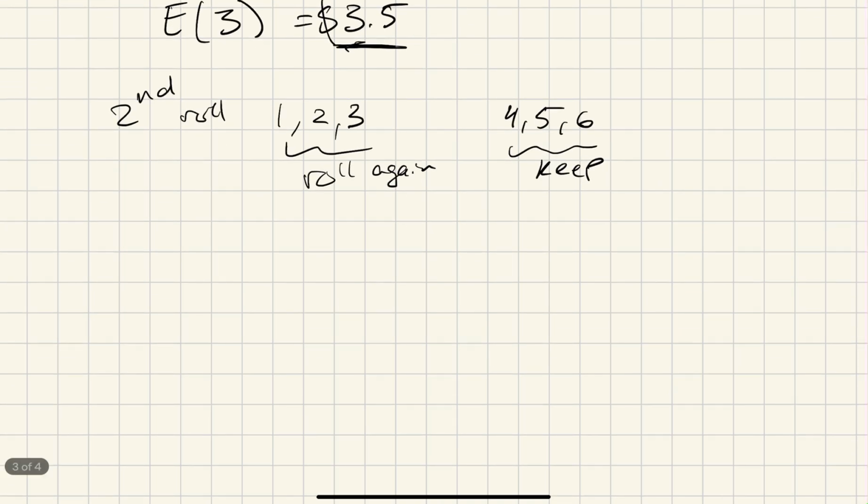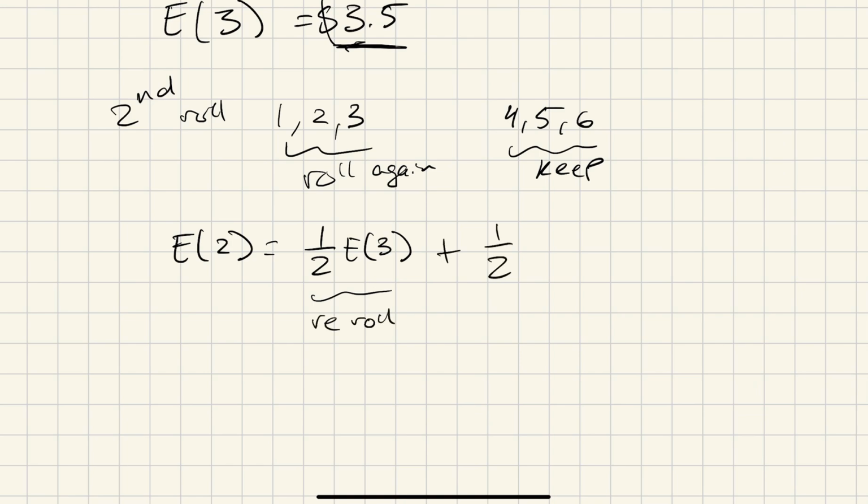So we can plug this into a formula. The expected value of roll 2 is simply, we have a 1/2 chance of getting 1 through 3, and that's the expected value of roll 3, so this is re-roll. And then we also have a 1/2 chance of getting these 4, 5, or 6 values, and the average of those is 5.